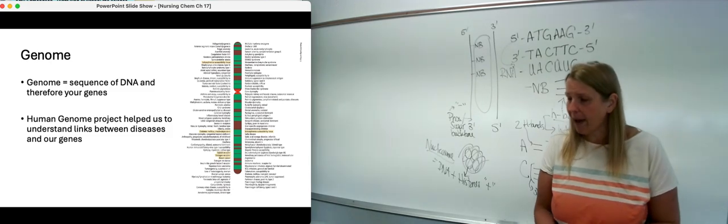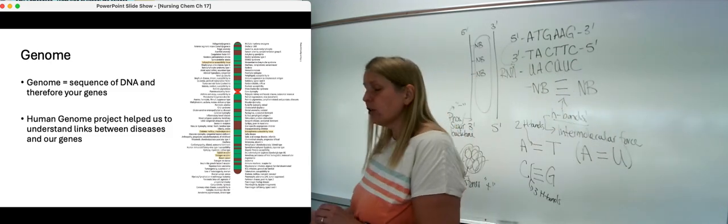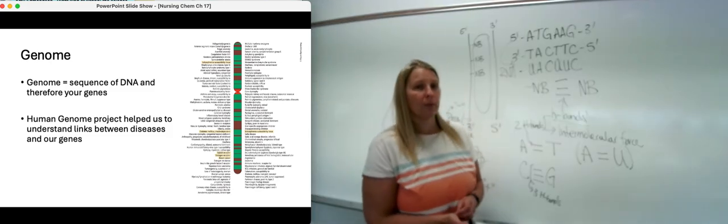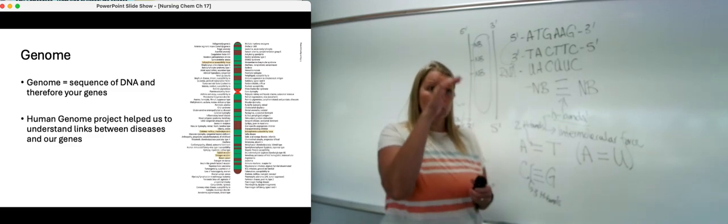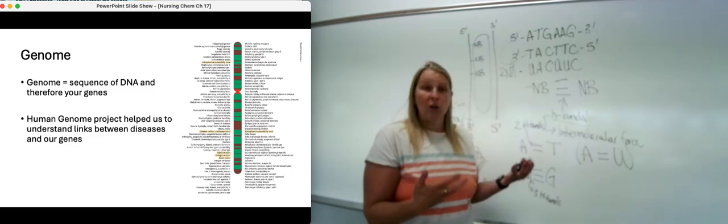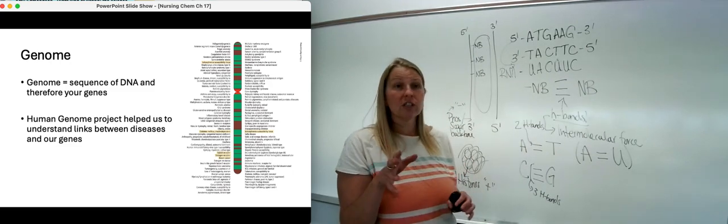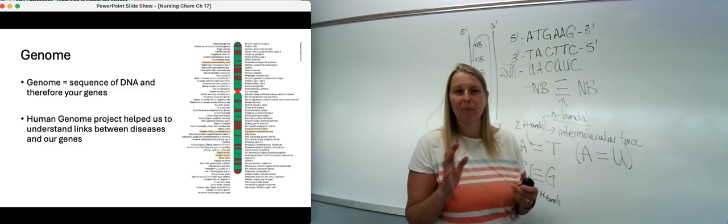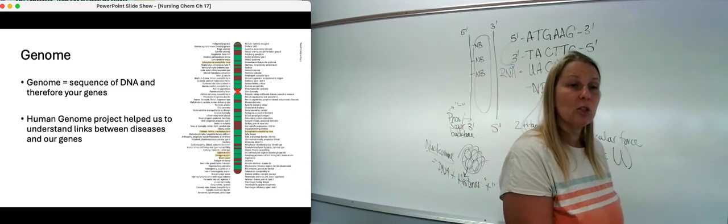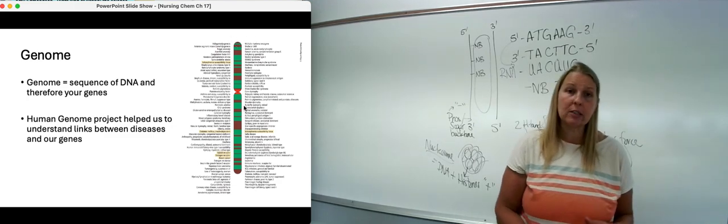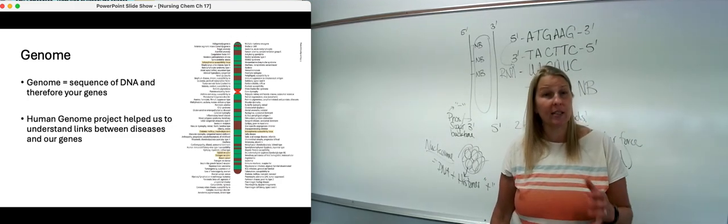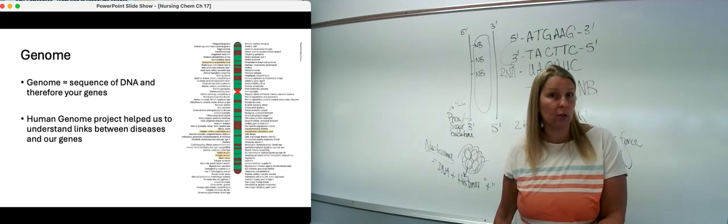And then, maybe you've heard of the Human Genome Project or getting your genome sequenced through 23andMe or Ancestry.com, things like this. Your genome basically is your entire sequence of DNA, therefore it gives you your genes. This is just an example from your book, and please do not memorize any of this, but you can see this is one particular chromosome, and it can show you where these particular genes are located and what diseases or other markers they might be associated with.